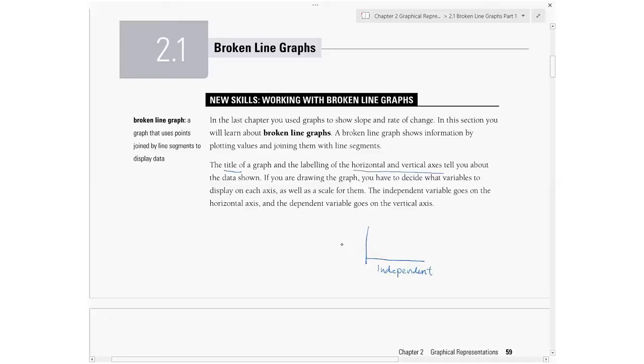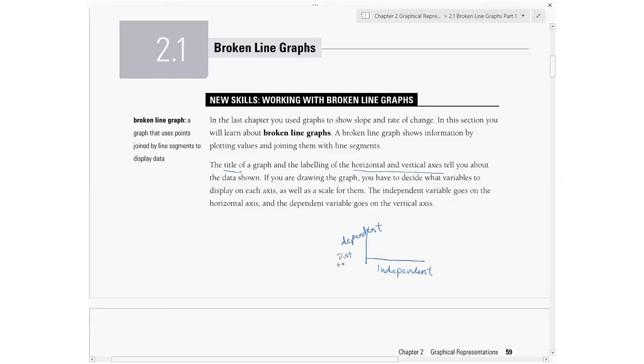And this is the dependent variable on the vertical axis, or the y-axis. So we could say the distance somebody's traveled depends on the number of hours, the amount of time they spent traveling, for example. So we would label it that way, not dependent, independent, but say in that case this would be distance traveled.